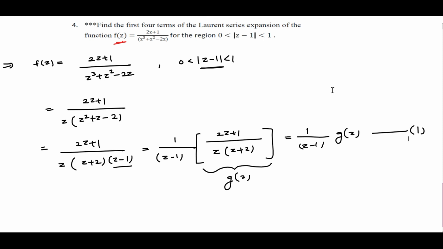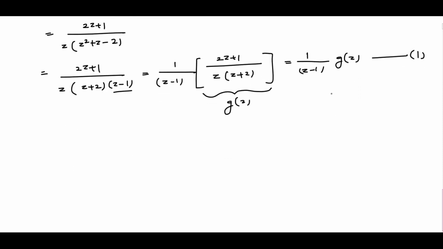So further, g of z is equal to 2 times (z plus 1) over z times (z plus 2). By using the partial fraction method we can write a upon z plus b upon z plus 2, because both factors are linear.